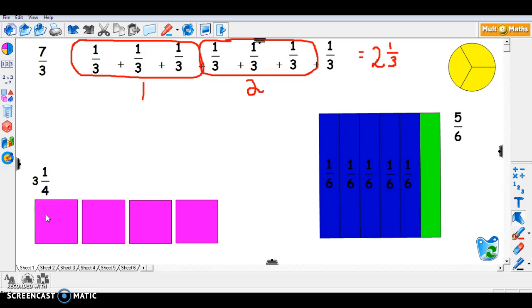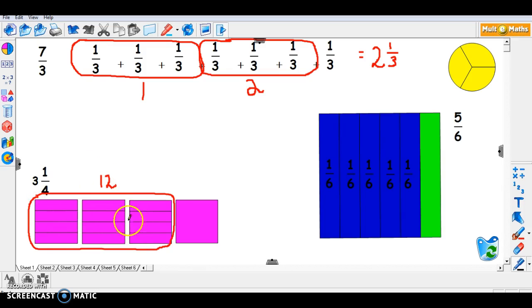Now, working backwards, let's say you gave them the fraction 3 1/4. I would encourage students to draw a representational model. So here they need to see that I need to draw 3 wholes, and they would draw 3 whole pictures, and then I need to separate each whole into 4 parts. Okay, and then maybe have them stop and talk about, now how many pieces do I have now that I've drawn a picture of 3 wholes and each are separated into 4 parts.